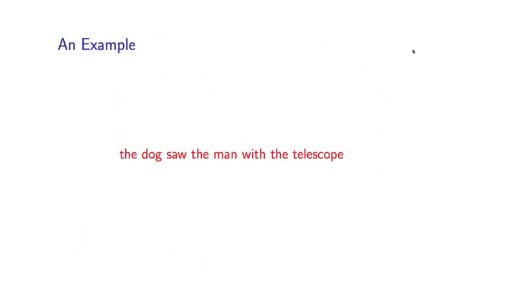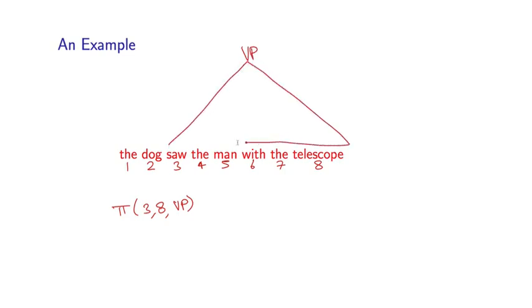So again, just to re-emphasize what this definition means, here's a concrete example. Let me number the words in the sentence, 1, 2, 3, 4, 5, 6, 7, 8. Let's say I have pi of 3, 8, VP. That means I'm going to consider all VPs which span words 3 to 8 inclusive.